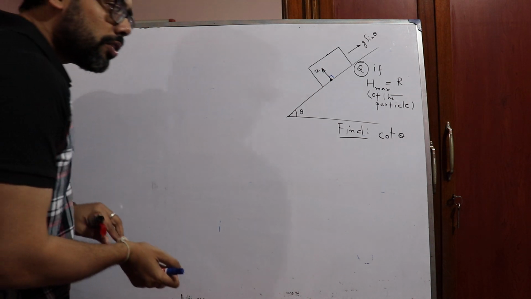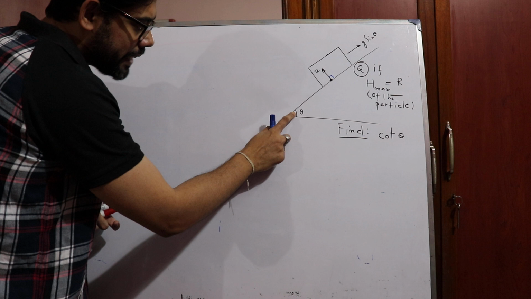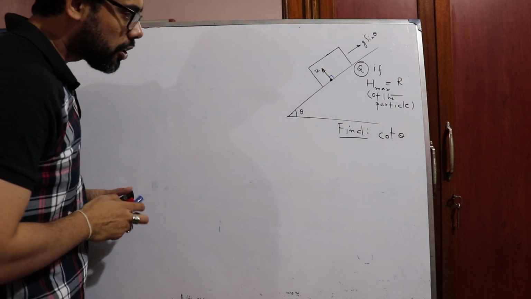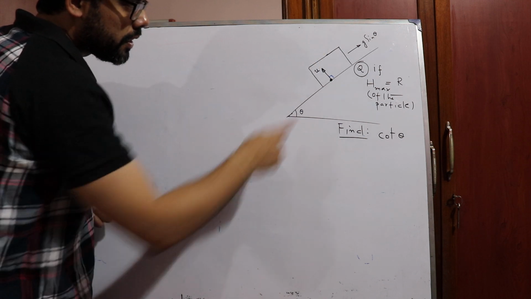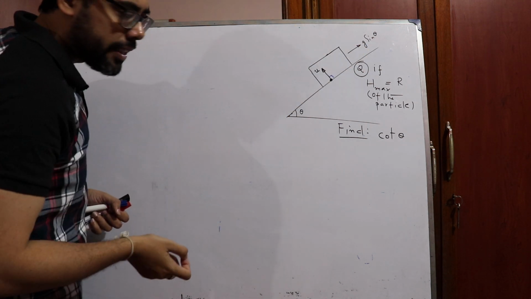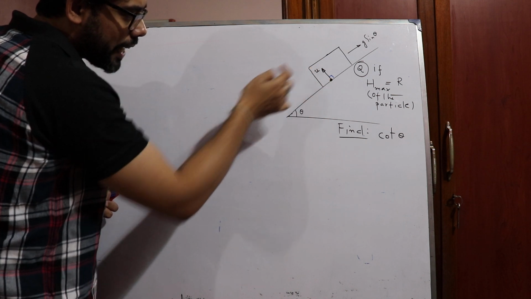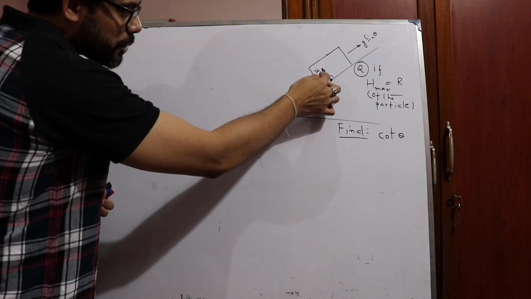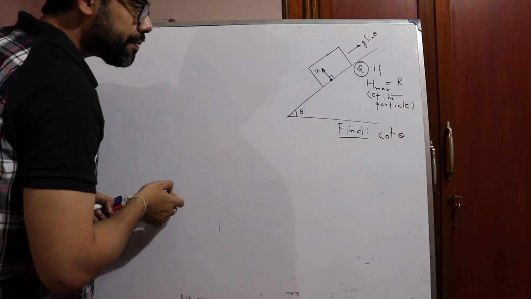Once again I will tell you the problem. We have an inclined plane, inclined at an angle theta with the horizontal. There is a box. The box is pulled upward with acceleration g sine theta. A particle is projected vertically upward inside the box. This particle is making an angle of 90 degree with the vertical.